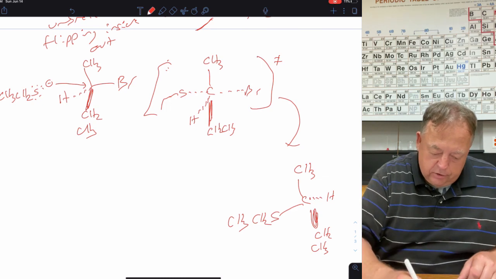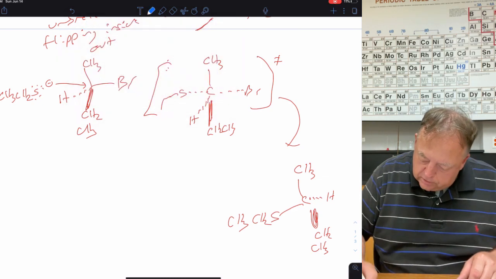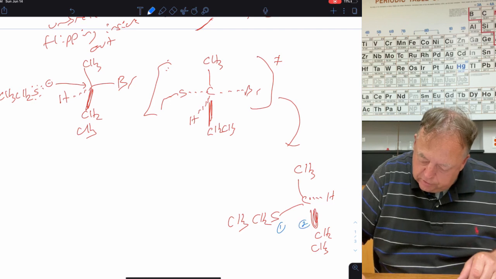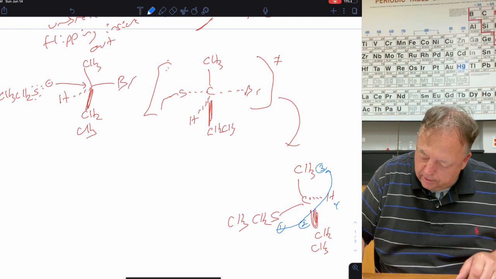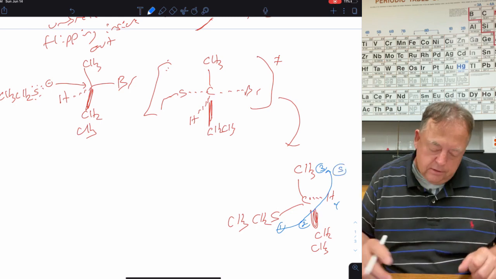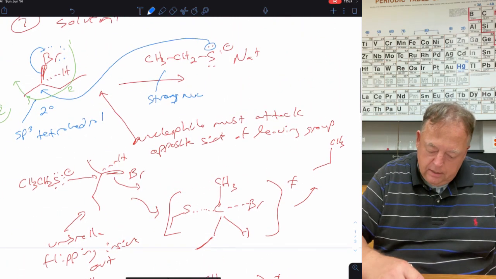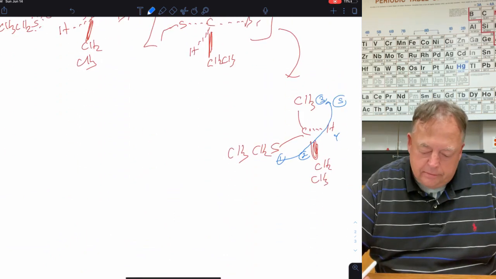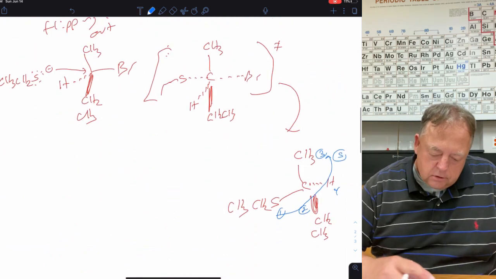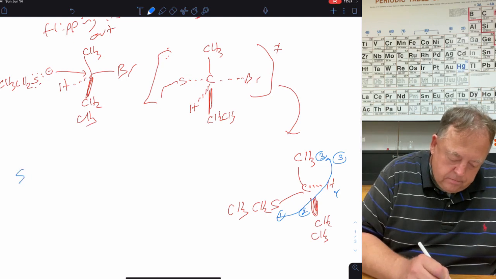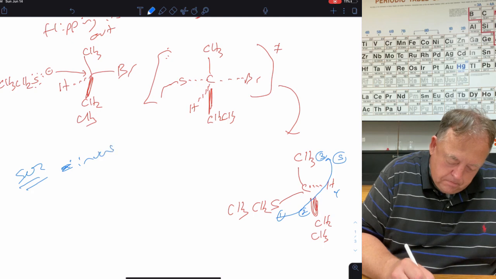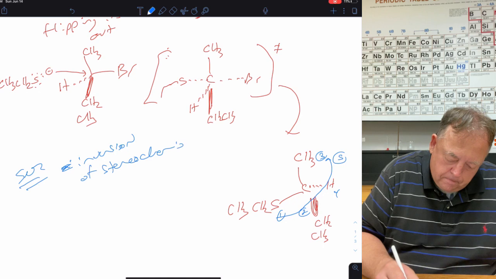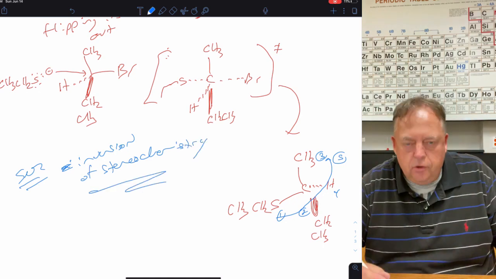Now if we assign stereochemistry, sulfur's priority 1, that's priority number 2, that's priority number 3, and 4 is in the back, so the arrow in this case is counterclockwise. So we started R, and we ended up with the S stereochemistry. So this is a characteristic of an SN2 reaction: you get inversion in stereochemistry.